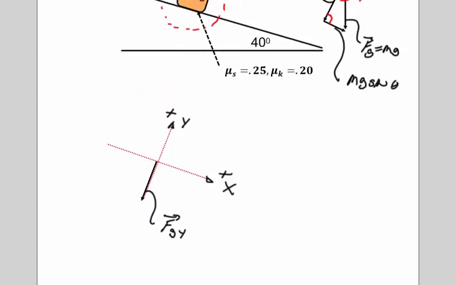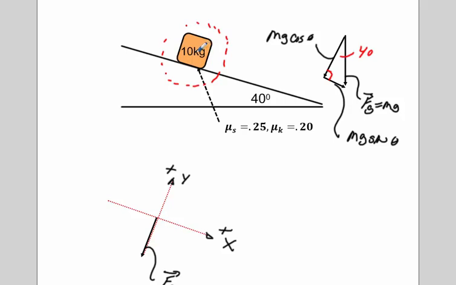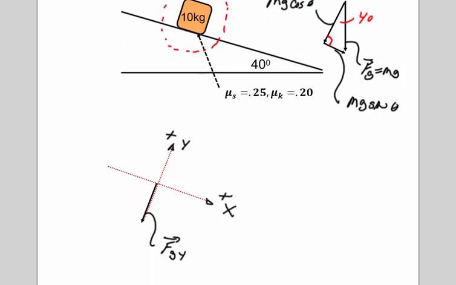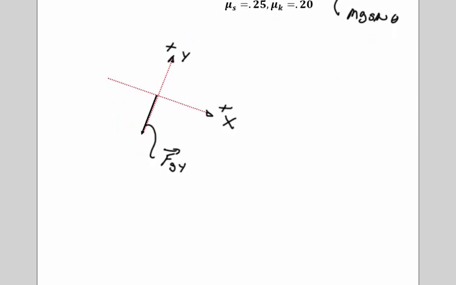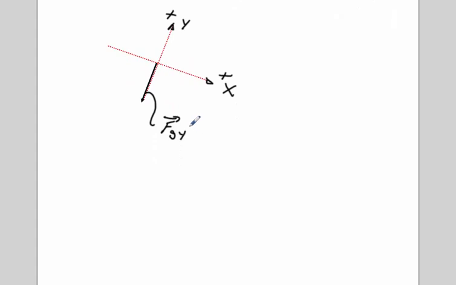Again, that's going to equal the mass, 10 kilograms, times 9.8 meters per second squared, which is acceleration of gravity near the surface of the Earth, times the cosine of 40 degrees. I'm following just this format here. If you take 9.8 times the cosine of 40 degrees, you will get a value of 75.07 newtons.